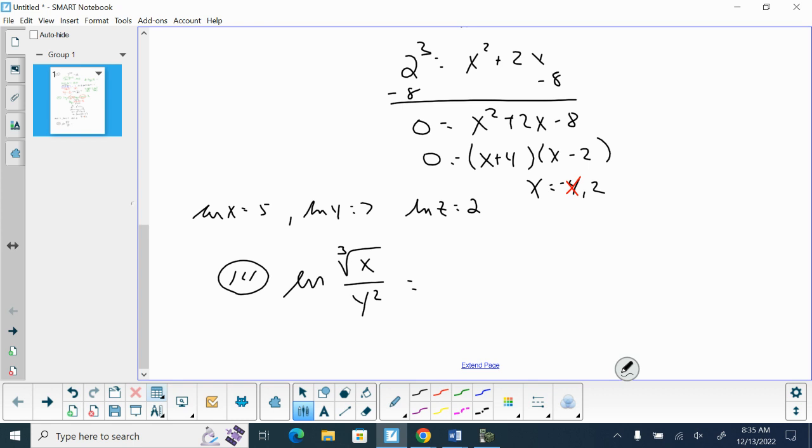The ln of two things being divided. So I want to write these as two separate logarithms, natural logs. If I'm dividing, Sarah, what mathematical operation are we going to do if we have division? Subtraction. So we have the ln of the cube root of x minus the ln of y squared.